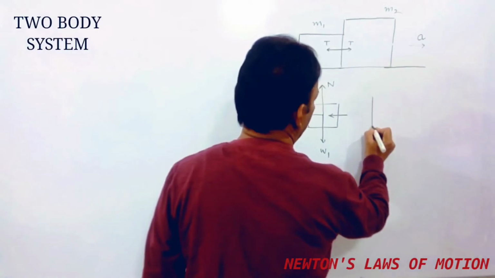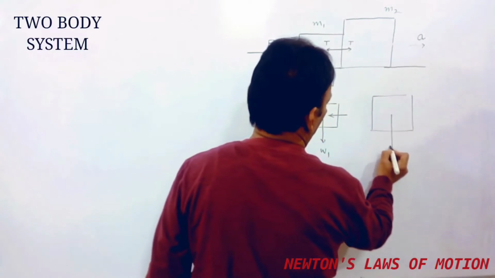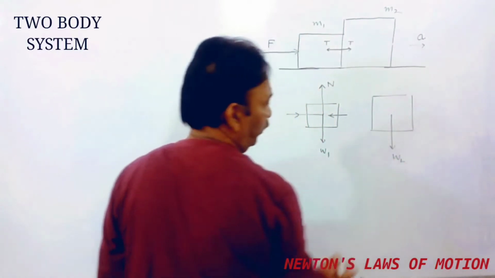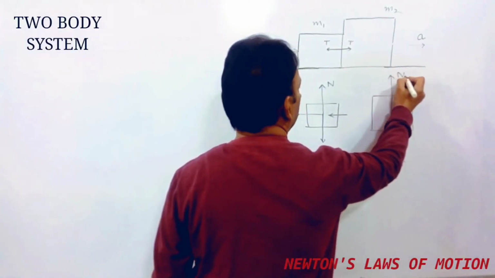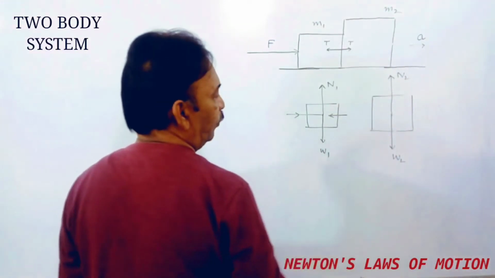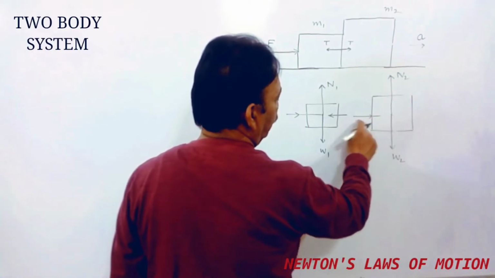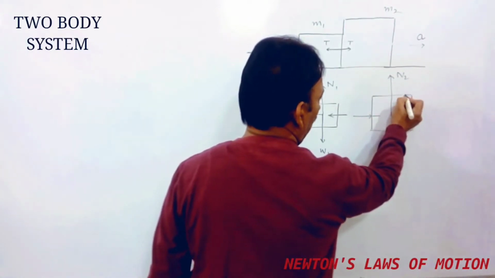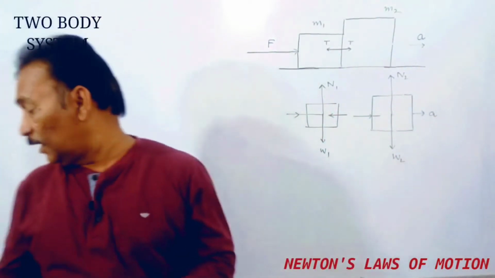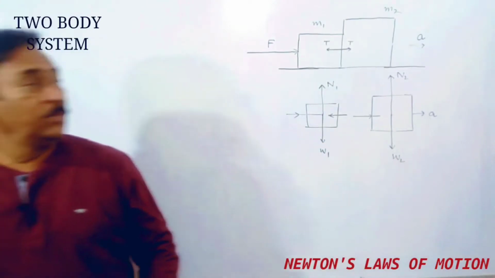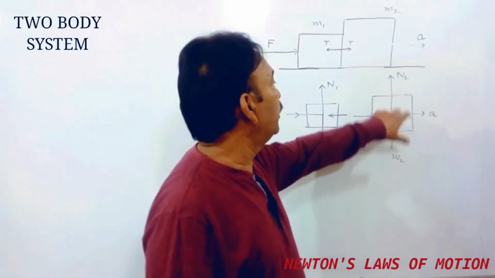For the second body we go the same way: the weight W2 acting vertically downwards, the normal reaction N2, and a contact force which provides acceleration to this body. In this diagram, weight and normal reaction cancel each other, and here also the same thing happens.